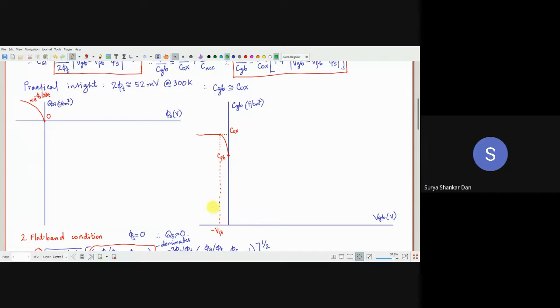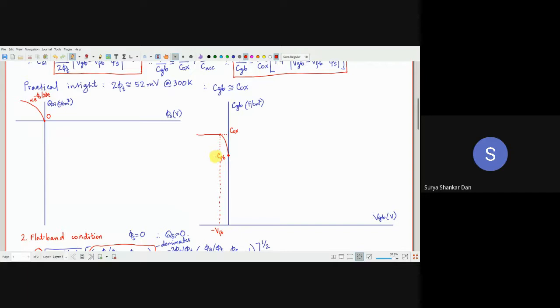So when you are having a CV curve, look at how you are going to get so many parameters. That is called characterization, CV characterization. I do not know whether it was done in IC fabrication, but in CV characterization, you will be able to get all these details about the device. So from VFB, you clearly understand that is the flat band, that is a zero error which you have got.